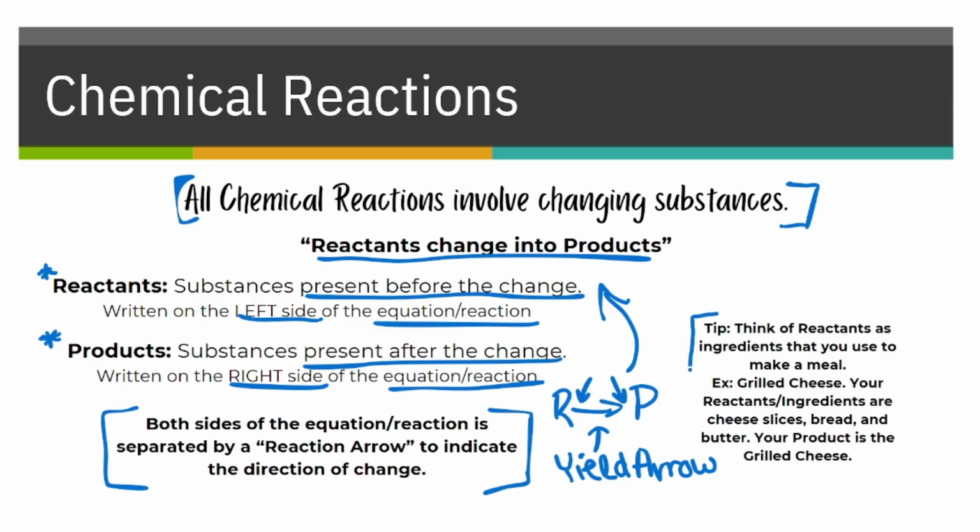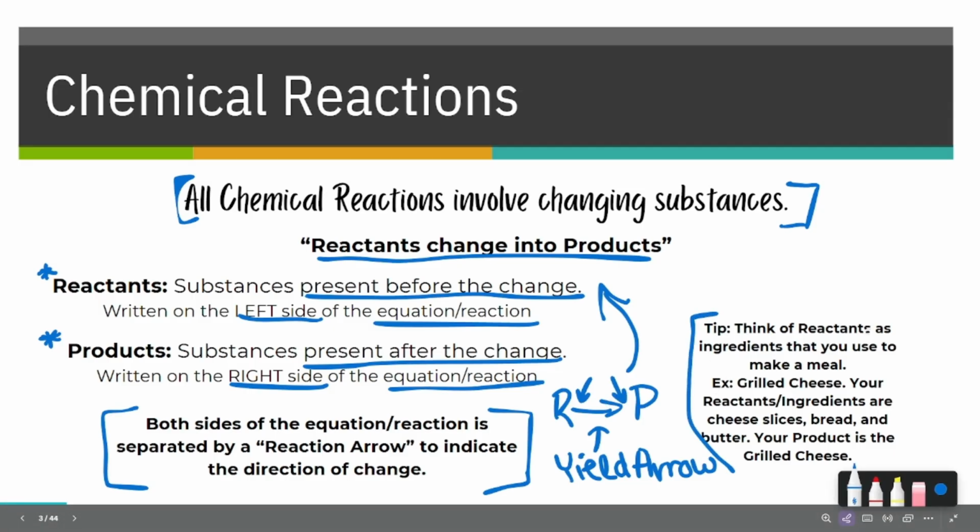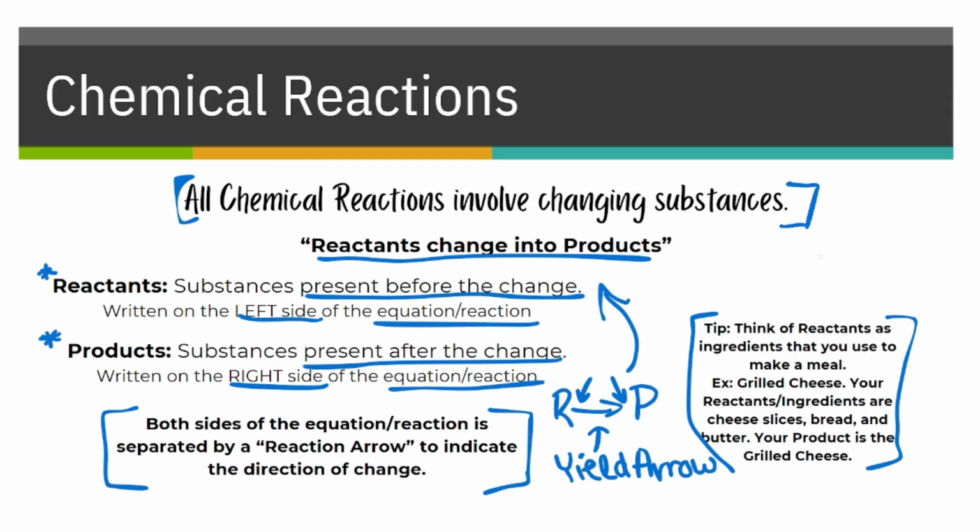Okay. One way that I learned chemical reactions, further emphasizing my background in nutrition, is the fact that we can really look at this as creating a meal. Whenever you're cooking a meal for yourself, whether it's ramen noodles or grilled cheese, you're starting with some sort of material, some ingredient to start with. But as you go through the process of cooking, you eventually create a final product.